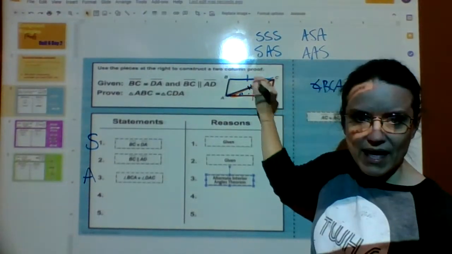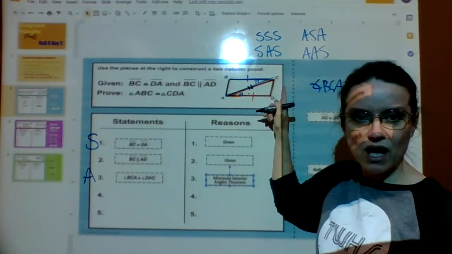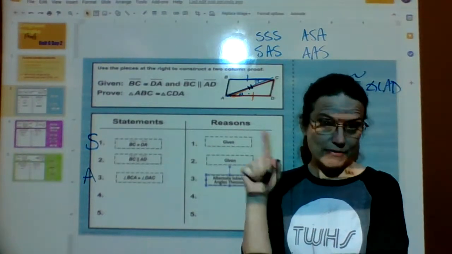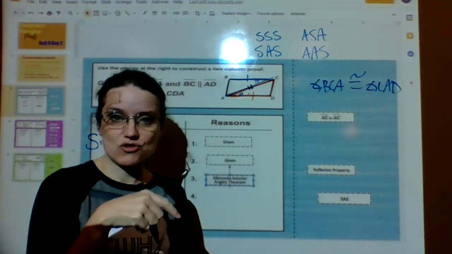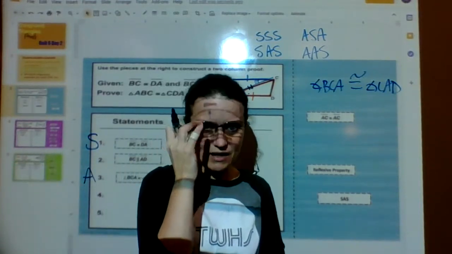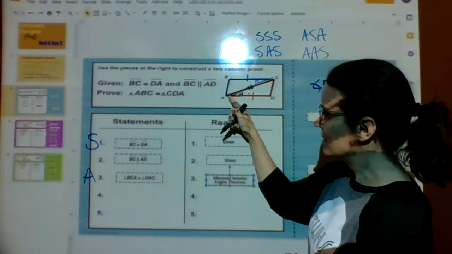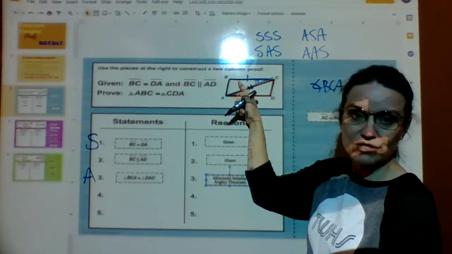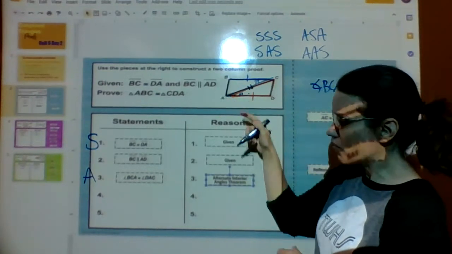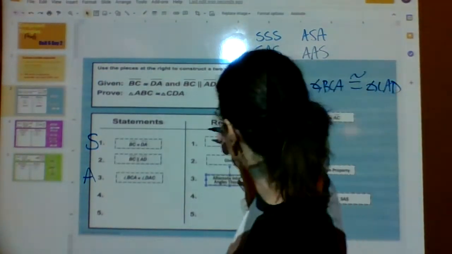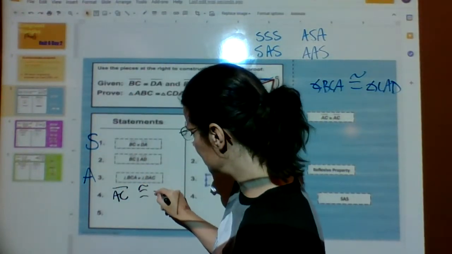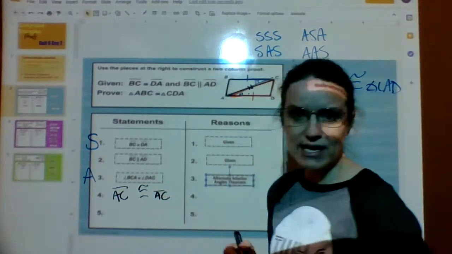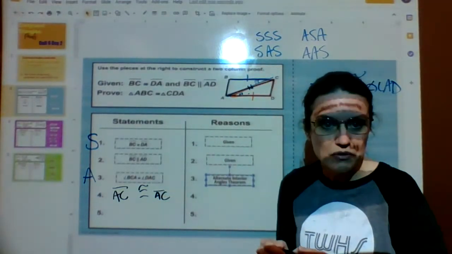They both have that segment in common. Well, if you recall back from the start of the year, you are congruent to yourself. Any geometric object is congruent to itself. So this line in the blue triangle is congruent to itself in the orange triangle. So you could say that segment AC is congruent to segment AC. You can say it's congruent to itself.